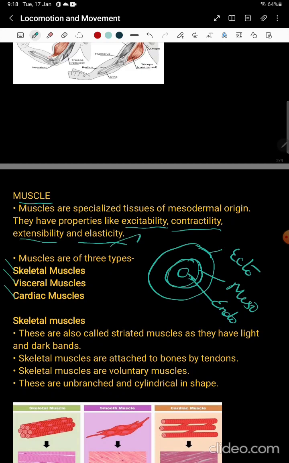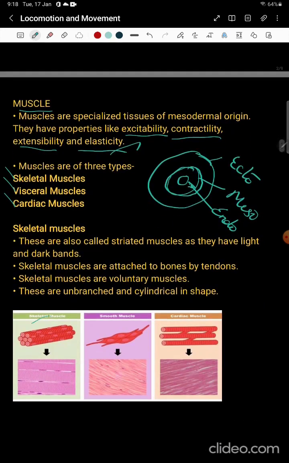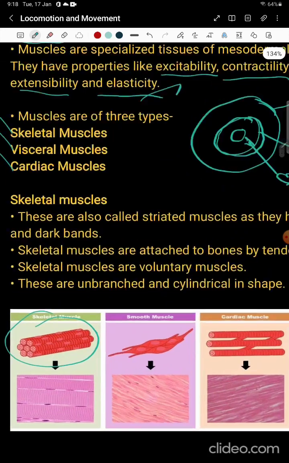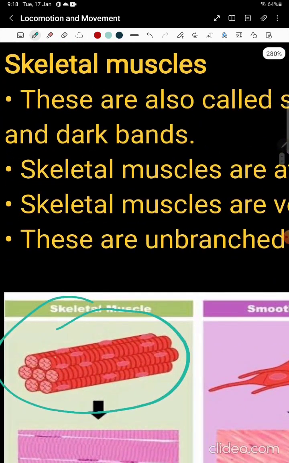See here, this is the skeletal muscle. If you closely observe, many lines are there, so many striations are present. That's why skeletal muscles are otherwise called striated muscles. And as these muscles are attached with the skeleton, with our bone, they are also called voluntary muscles.